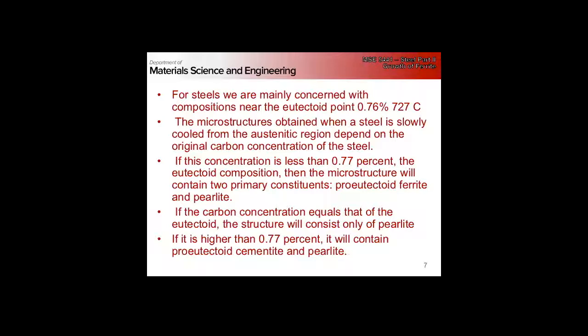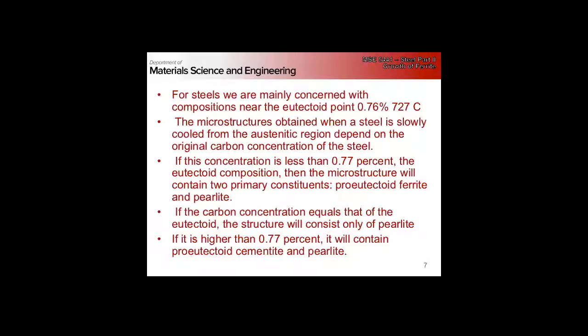So for the most part, we're going to be considering things that are near the eutectoid, and for this first part, when I say equilibrium structures or metastable structures, we're considering what happens when a steel is slowly cooled from the austenite region, right?